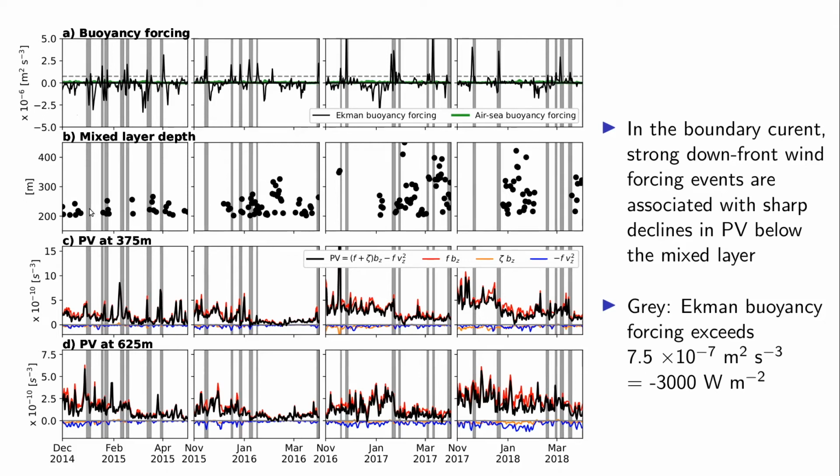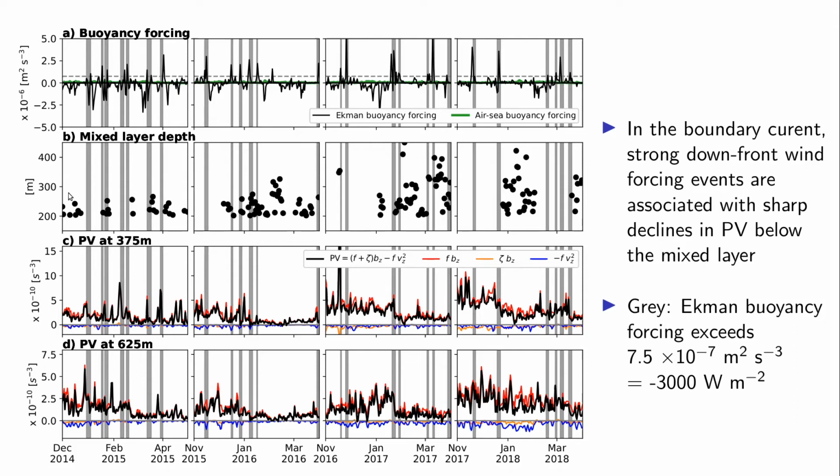The second panel here is the mixed layer. And I mostly have this here to highlight that the next 2 panels are usually below the mixed layer. So the bottom 2 panels are PV, at 375 meters, and then at 625 meters.